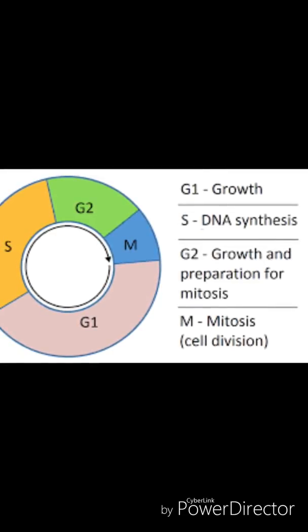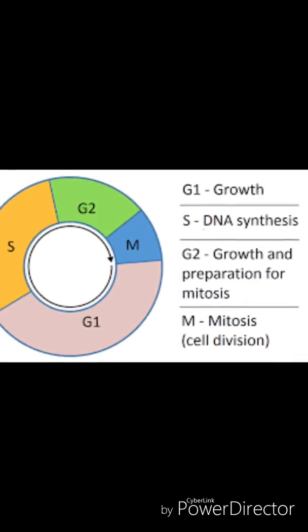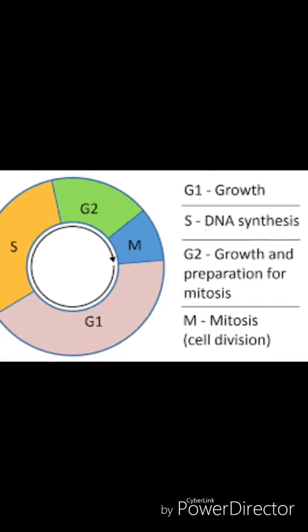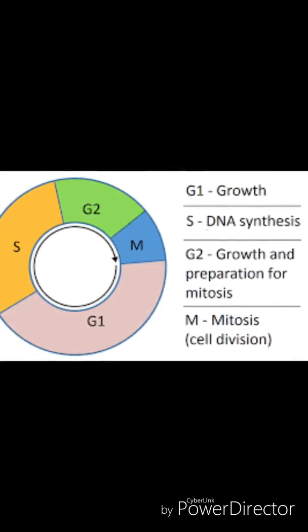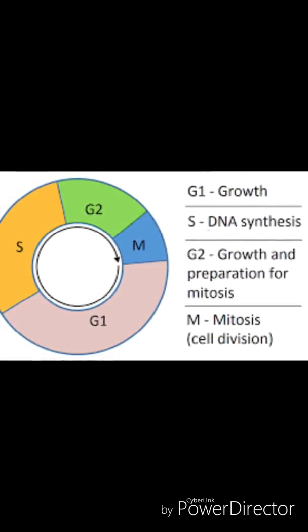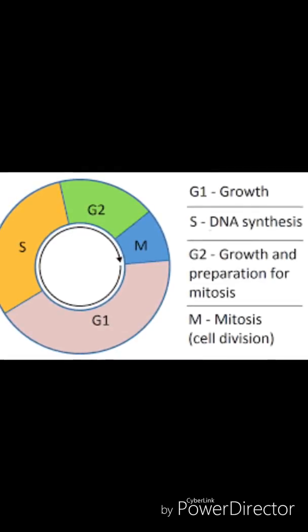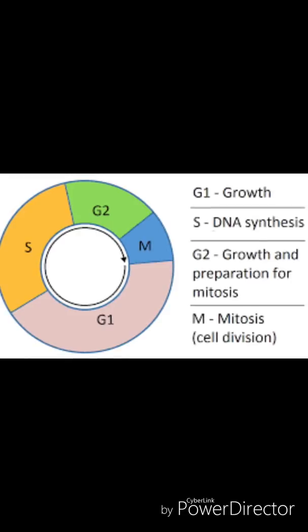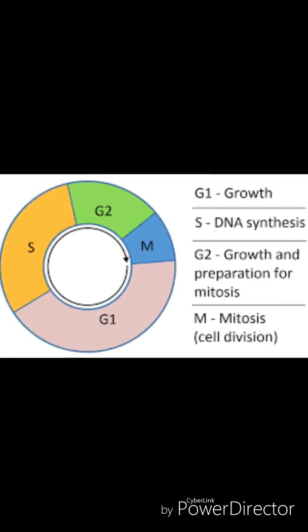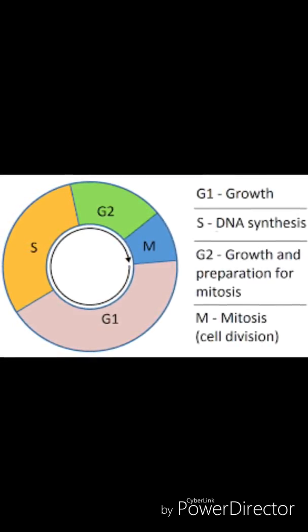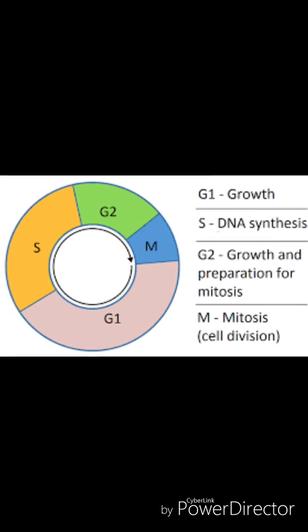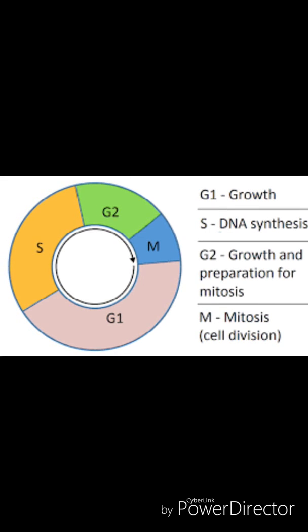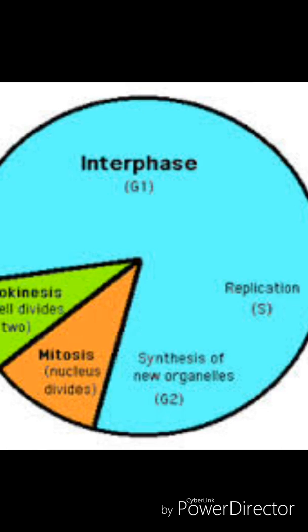Next is the S phase, or the synthesis phase. During this phase, the cell duplicates its DNA. Then the G2 phase, or the second gap phase. During this phase, the cells continue to grow and generate proteins necessary for mitosis, preparing for mitosis. The G1, S, and G2 phases are collectively referred to as interphase.